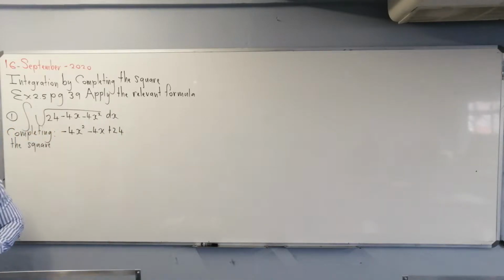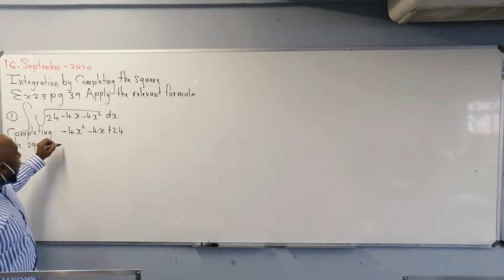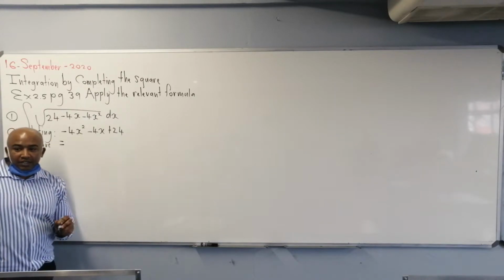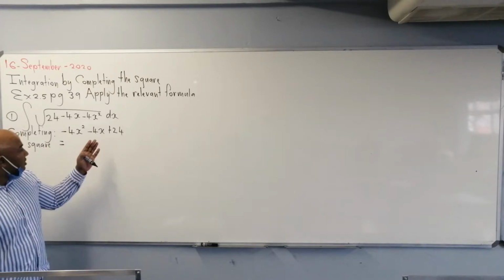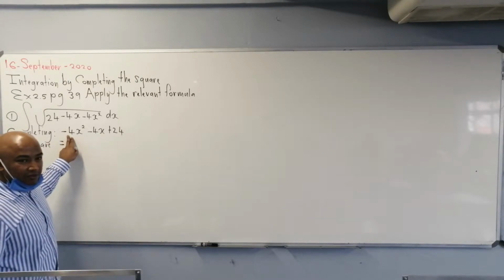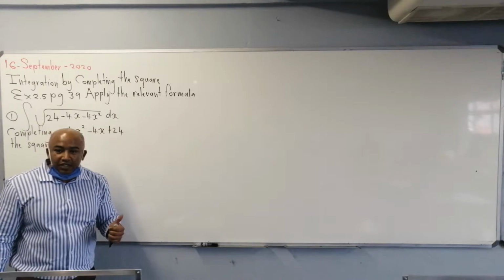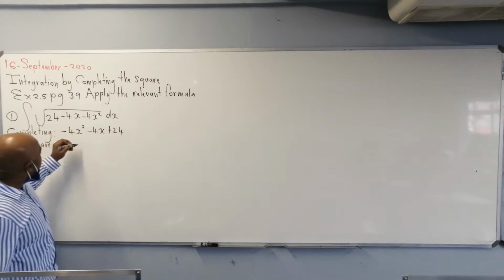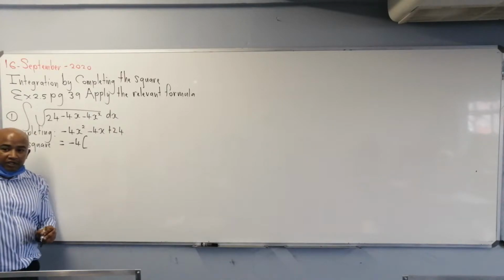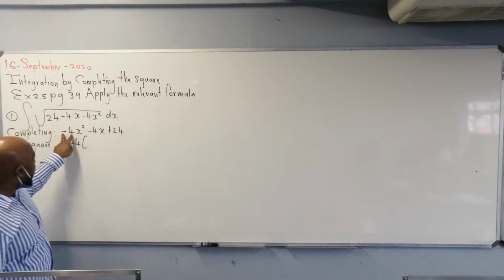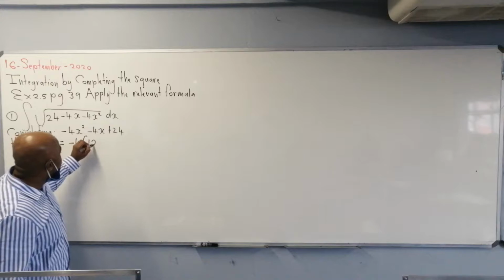Alright, so completing the square, step number 1 is to ensure that the coefficient of x squared is positive 1. So clearly this is not a positive 1, so we will have to take out a common factor. So my common factor here is minus 4. If I take out minus 4, that means minus 4 divided by minus 4 is a positive 1.